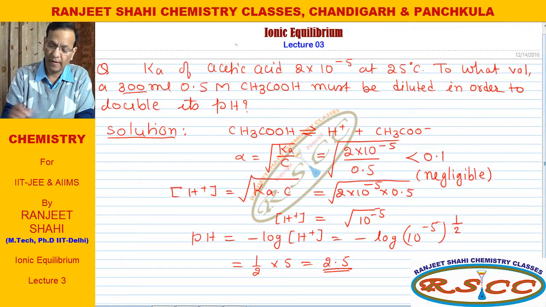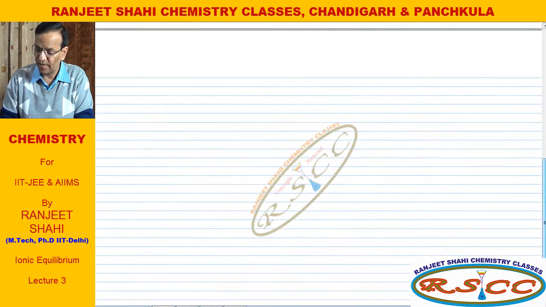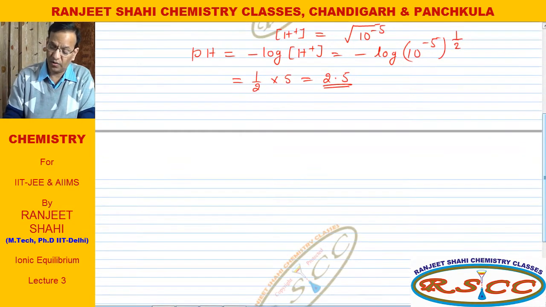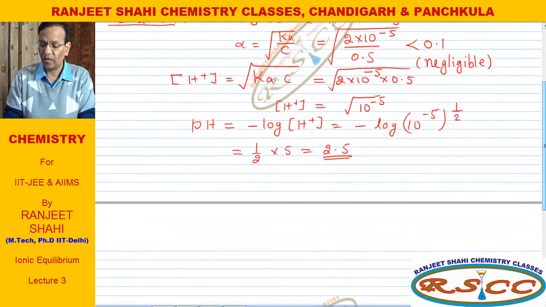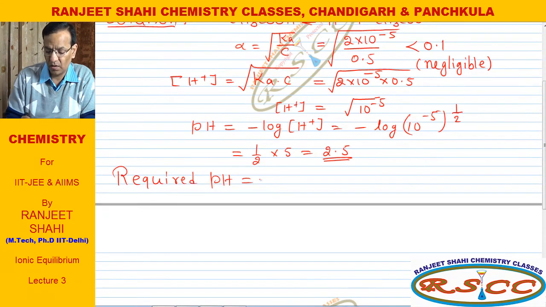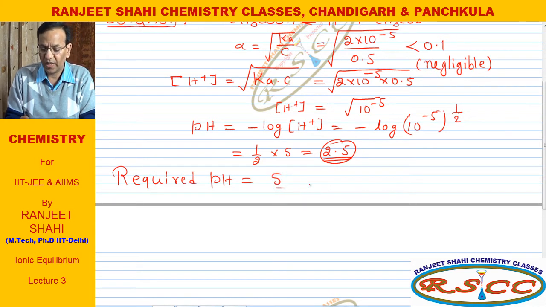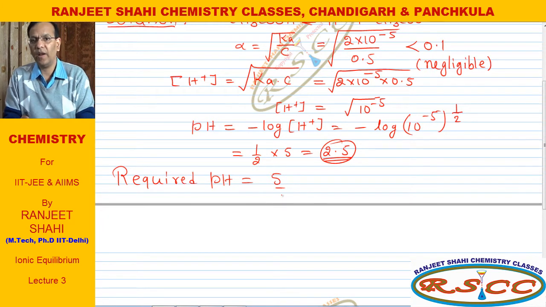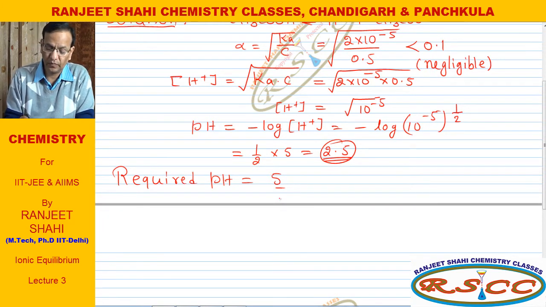Next is the required pH. The question is to double the pH. So the required pH is twice of the given pH. So required pH is 5. This pH is going to be attained by diluting the solution.